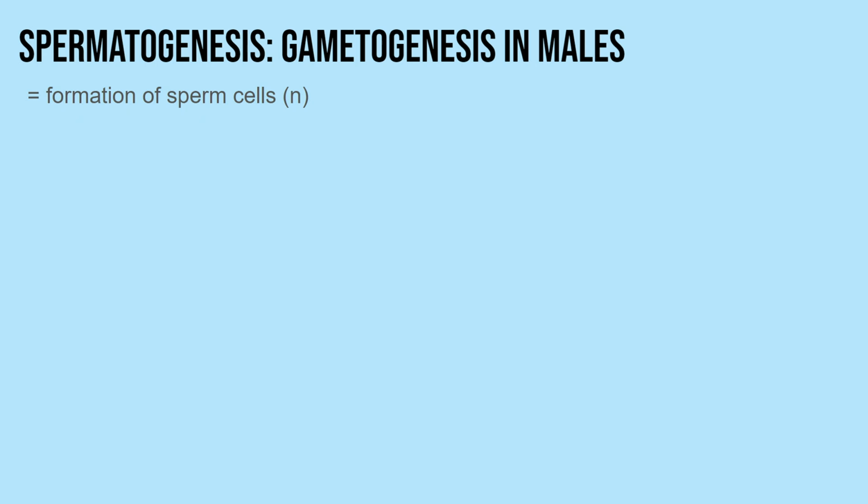So again, we're starting with the gametocyte, but since we're in a male, it's now called a spermatogonia. And that's diploid.